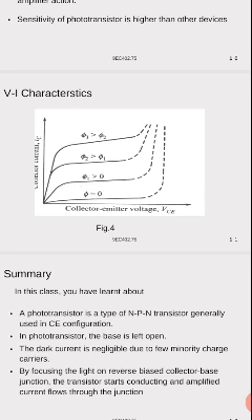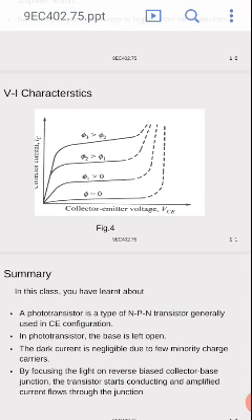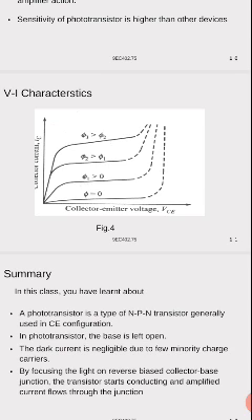That is a difference. And in construction there is a small change. Whereas for normal BJT, a cut mark for lens is not provided.